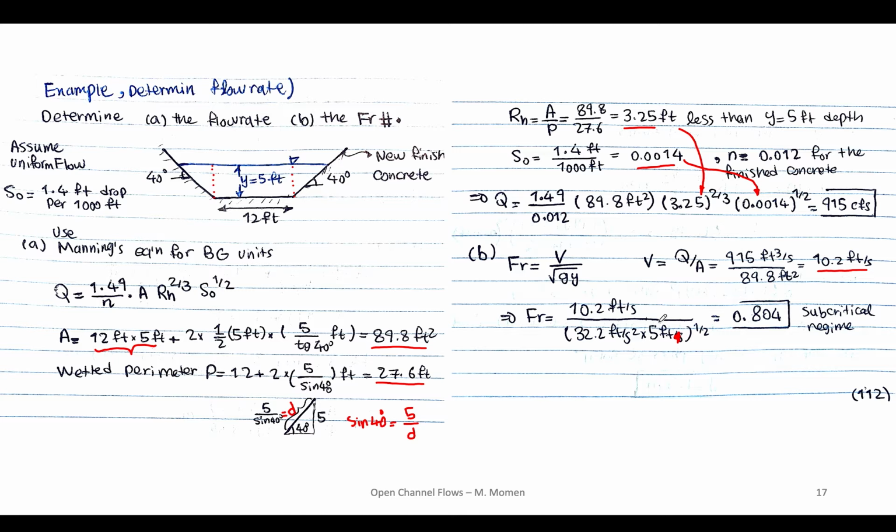Okay, so it's going to give me 0.804. So the Froude number is about 0.8, and this shows that the channel here is in a subcritical regime, okay? Because the Froude number is smaller than 1.